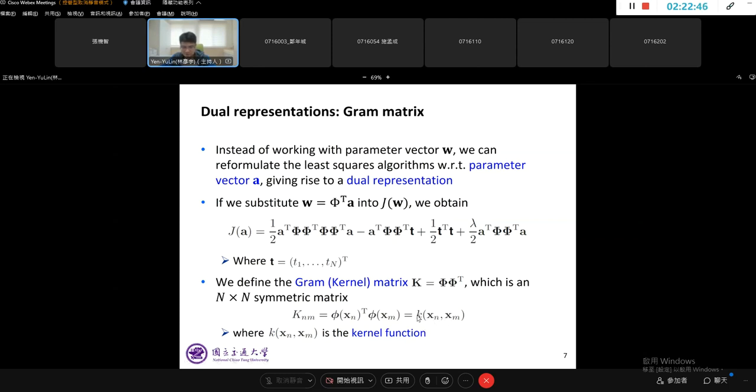We would like to specify their relationship later, but by definition, kernel function is applied to data points in the input space. And the kernel matrix K, by definition, stores the pairwise inner product of data points in the feature space.